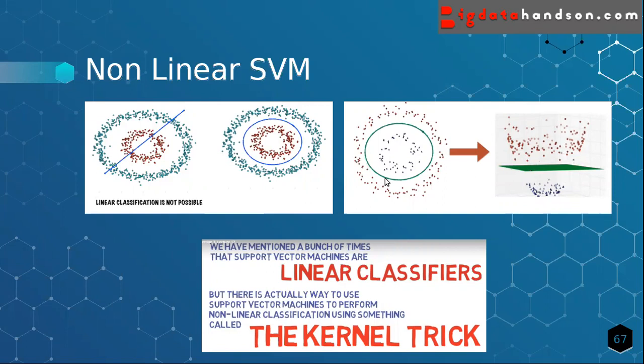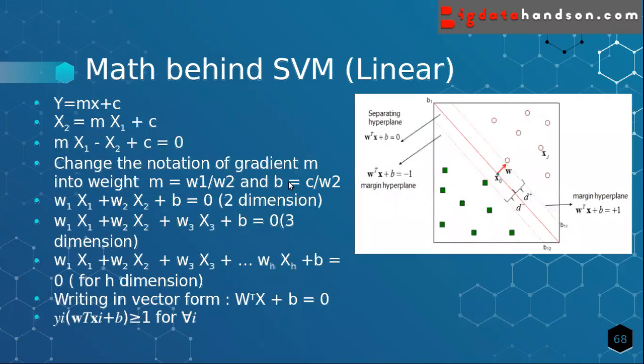So if you have two dimensions, we convert into three dimensions, and then we can easily classify. The top and bottom are separated, and in the middle we draw a plane. That's how we handle non-linear data. In the kernel trick we also have many algorithms, which we'll see in the upcoming slides.